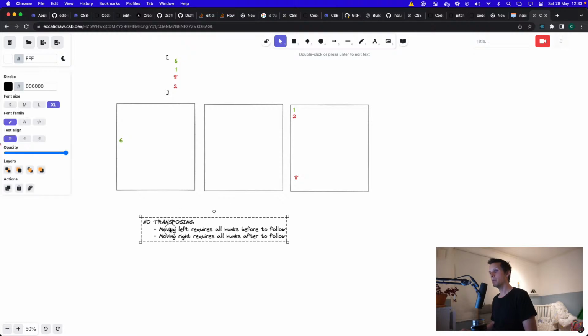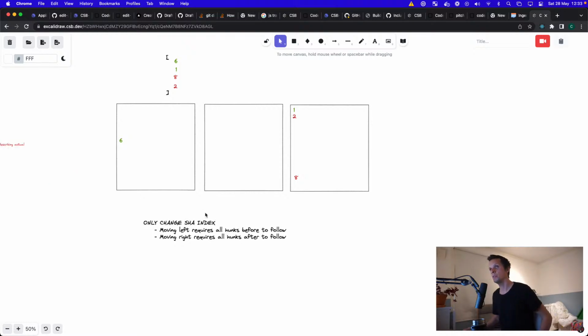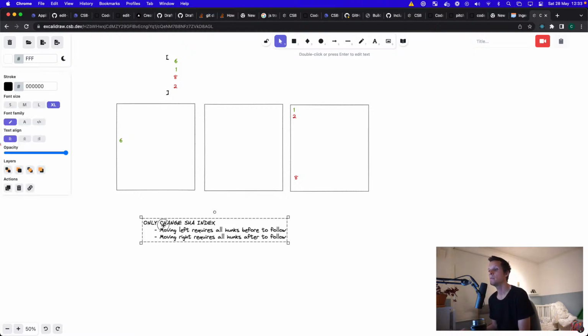Okay, so that means no transposing, or maybe we should just say only change SHA index. So if that's the only thing we do, we have this array of all the hunks. The only thing we want to do is to change the SHA index. Then we have to add the constraint of moving all previous hunks as well.